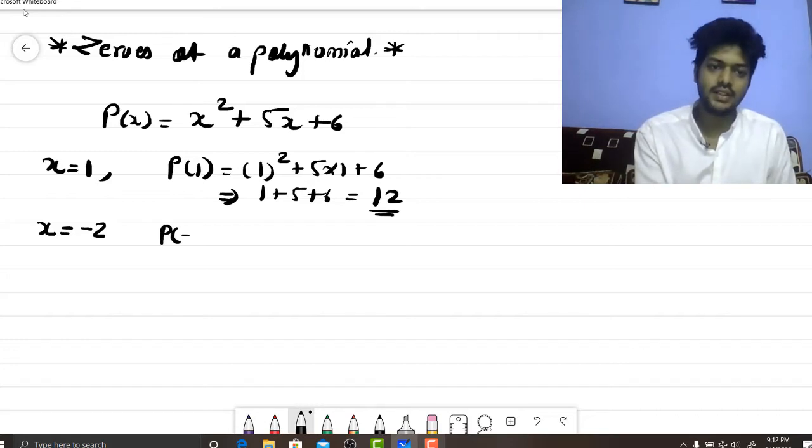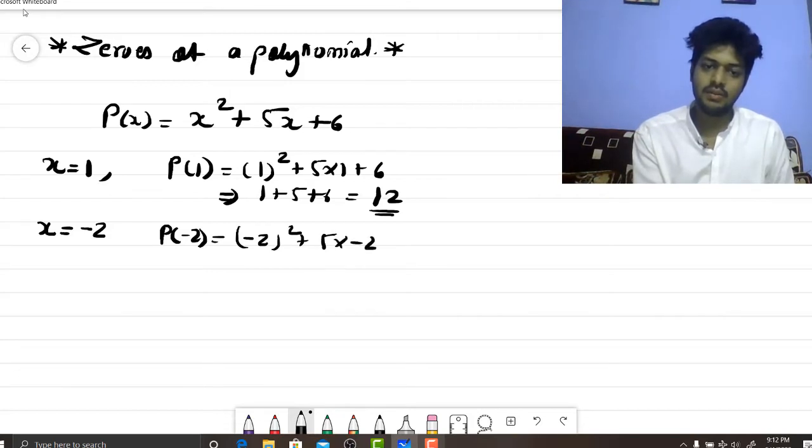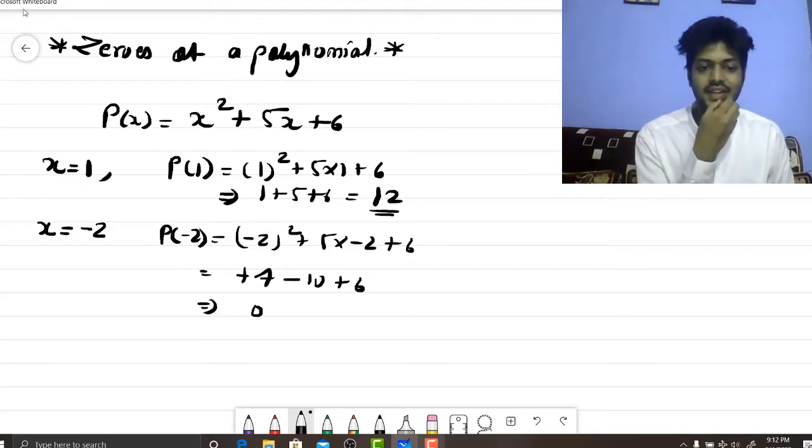Repeating the same steps: minus 2 square plus 5 into minus 2 plus 6, which is 4 minus 10 plus 6, and here we get 0.